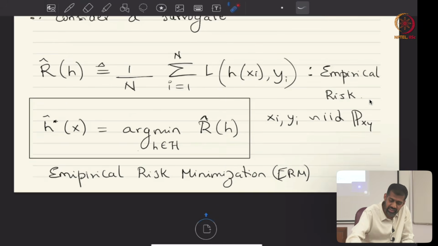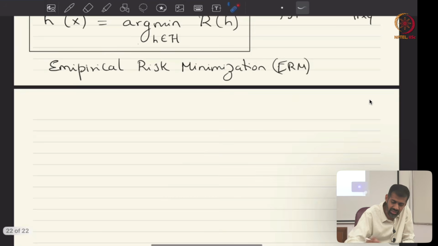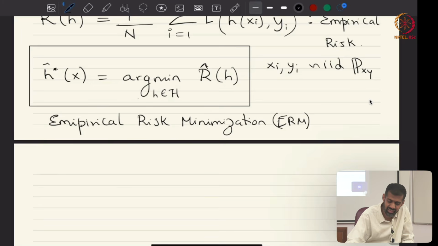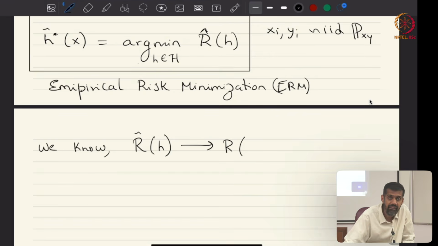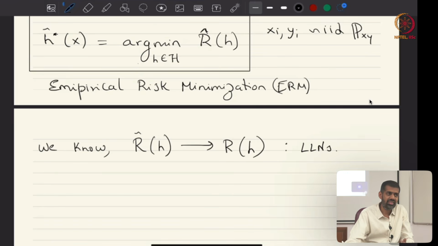Now the central question that occurs in machine learning is this. We know from statistics that R hat of h, the empirical risk, converges to the true risk, correct? Why? This is simply the law of large numbers. The sample mean converges to the true expectation if you have a large number of samples drawn IID.